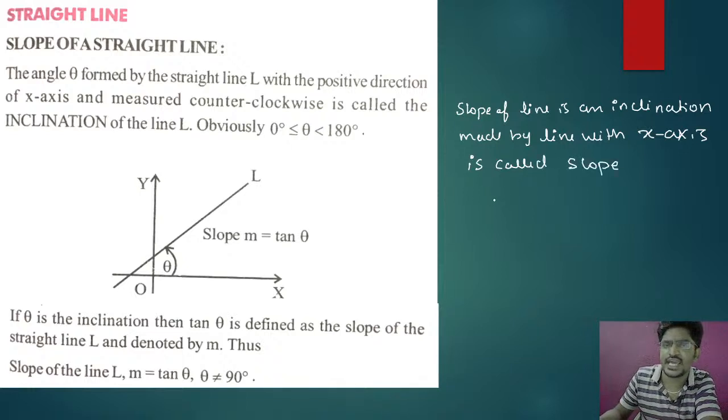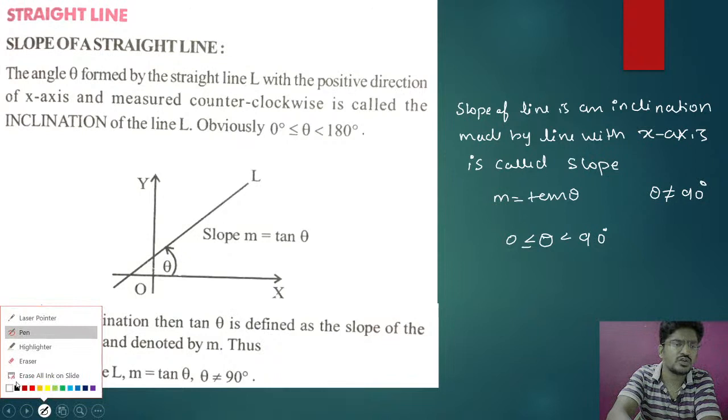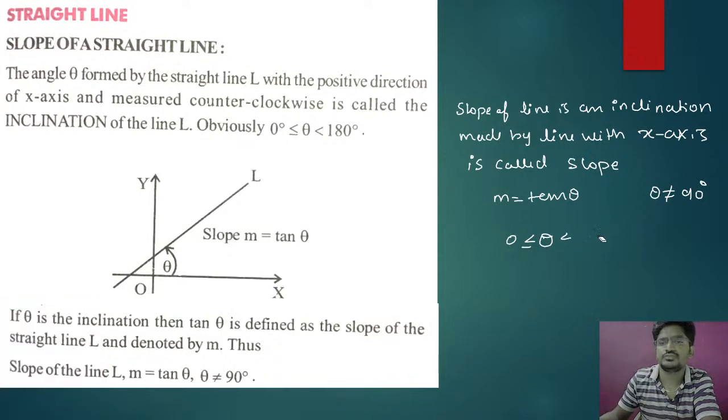That is, you can write it as m equal to tan theta. Clear? So here you must remember that theta is in between 0 to 90 degree and theta must not be equal to 90 degree. Theta can be in between 0 to 180 degree also, no problem.